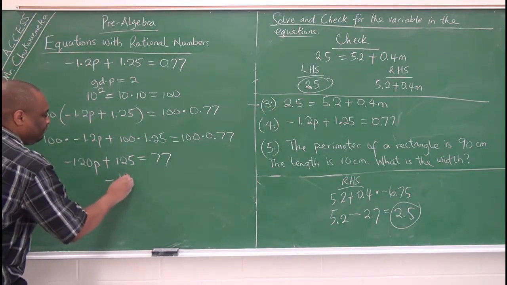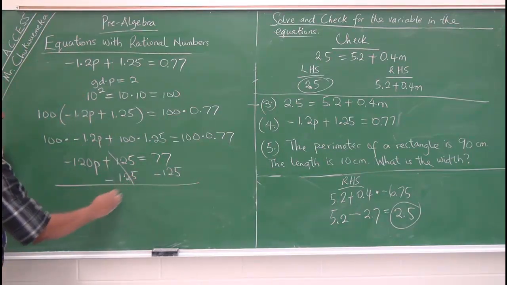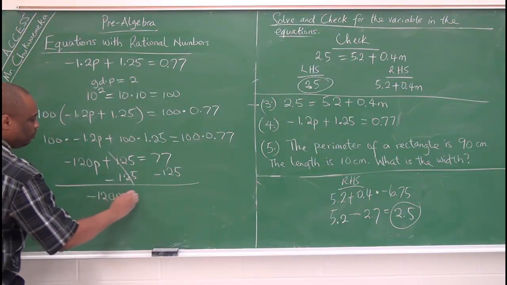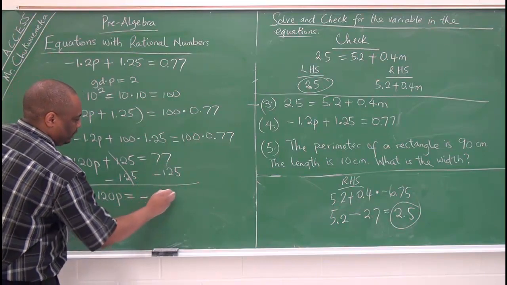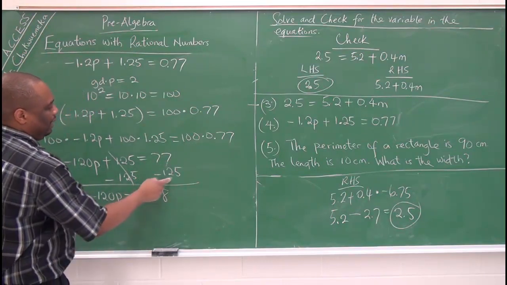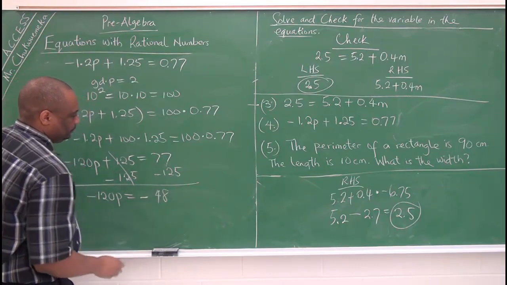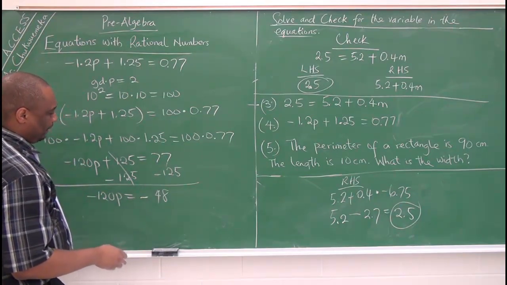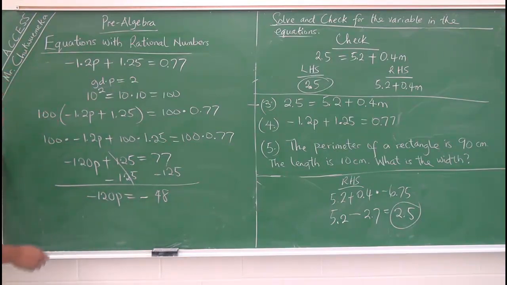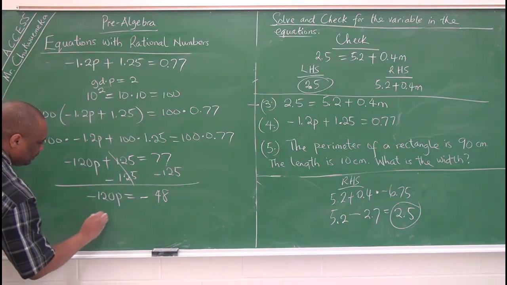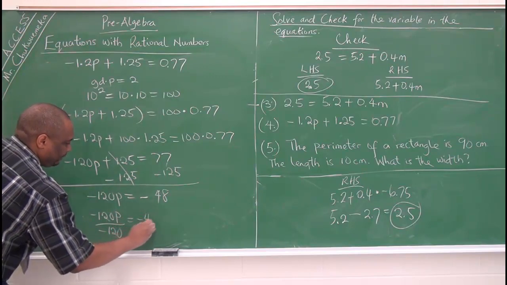So now you subtract 125 from both sides, right? And of course, this will go, this is negative 120p equals, this will be negative 15 minus 7 is 8. 11 minus 7 is 4. Right? Negative 48. Then you now divide both sides by negative 120, so that you can isolate p.